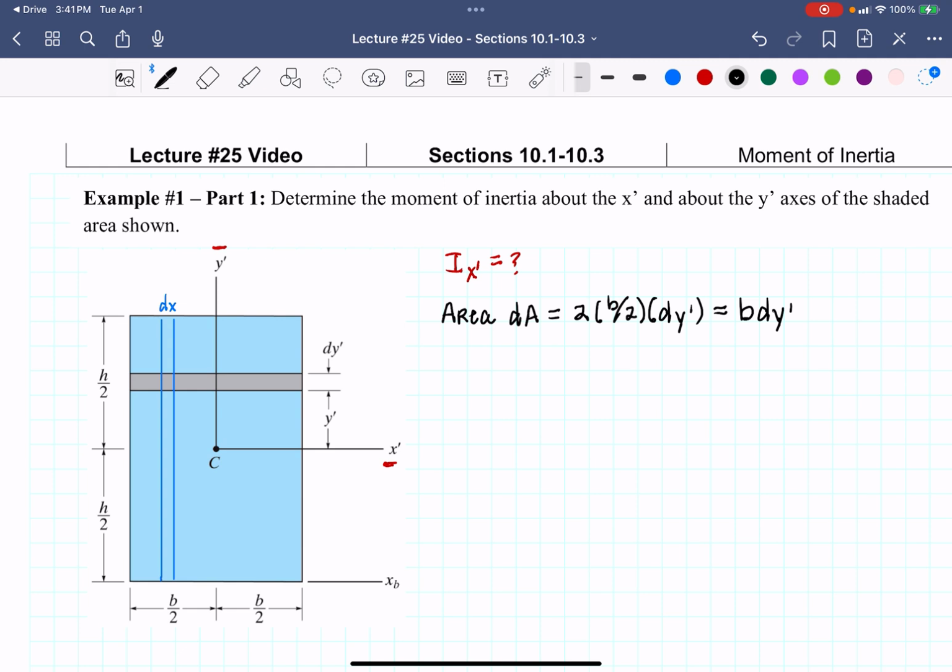So that's my area. So I know that dI of x prime equals y prime squared times dA, which I just solved for, so it's going to be y prime squared times b dy prime.